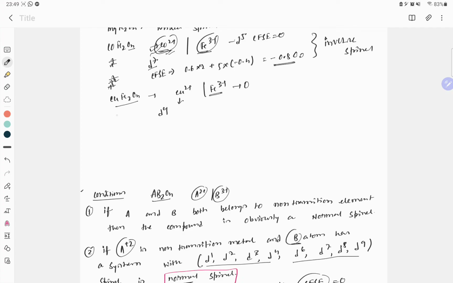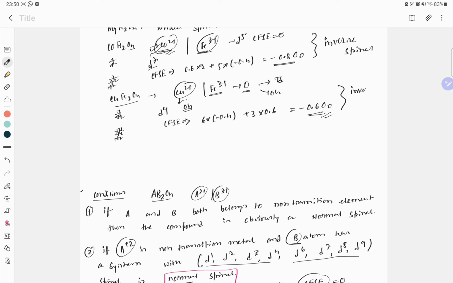For d9, CFSE will be 6 into minus 0.4 plus 3 into 0.6, equal to minus 0.6 plus 0. It is negative and the other is 0, so it is more negative. So Cu2+ will go to octahedral voids, and the Fe3+ is half in tetrahedral and half in octahedral. So it is also an inverse spinel.